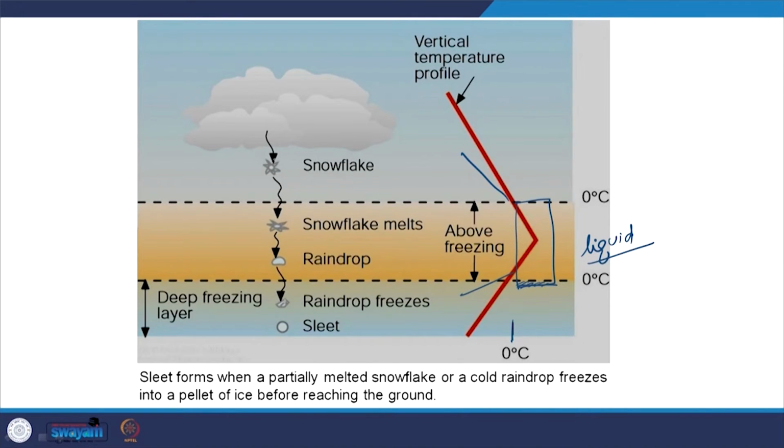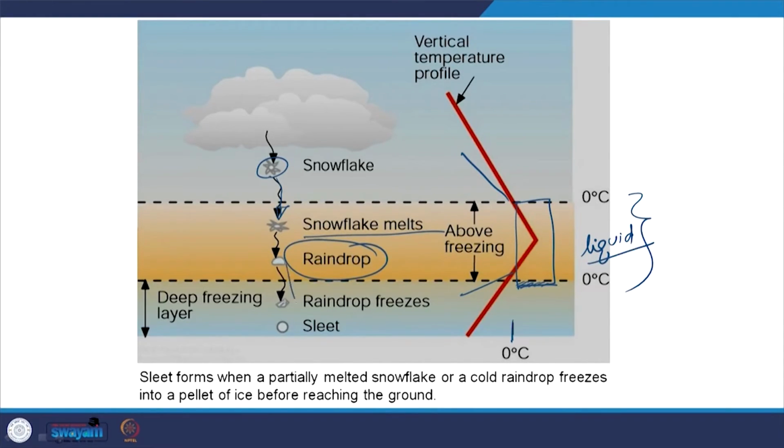So, even if a snowflake falling from a particular type of cloud is in the solid phase, when it falls due to its weight or mass and reaches this area where water is more likely to be in the liquid phase, the snowflake will melt and form a rain droplet.